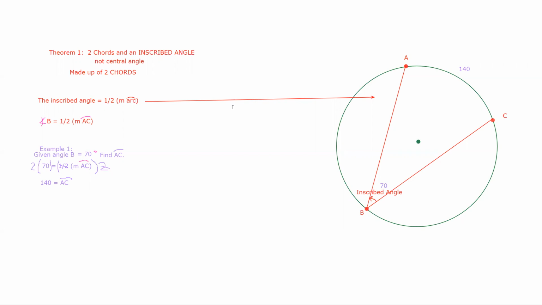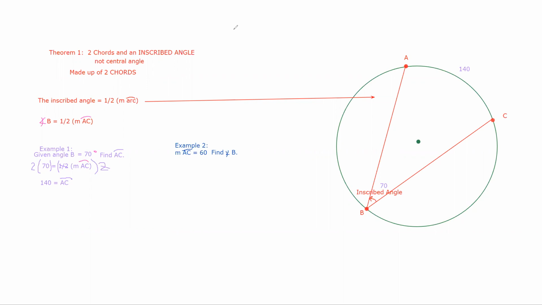Conversely, you're going to be given the arc measure and have to find the angle measure. So in example 2, the measure of AC equals 60, and we want to find angle B. So the measure of the arc AC is 60.